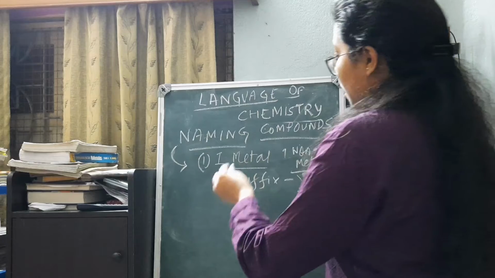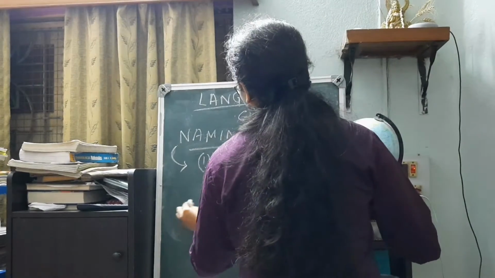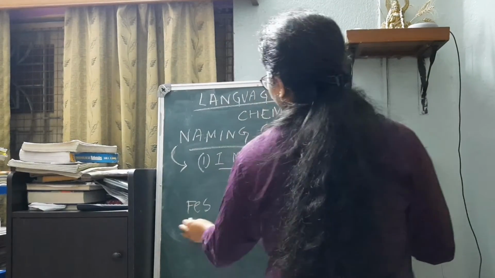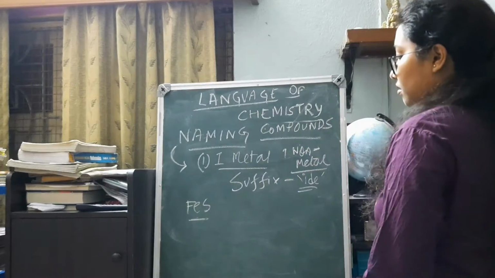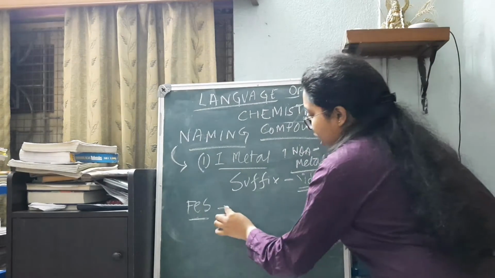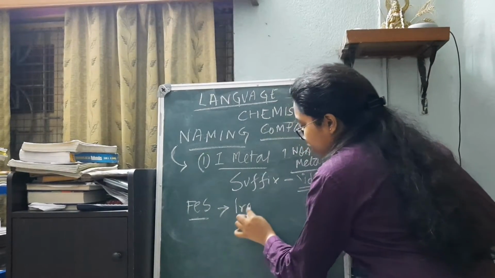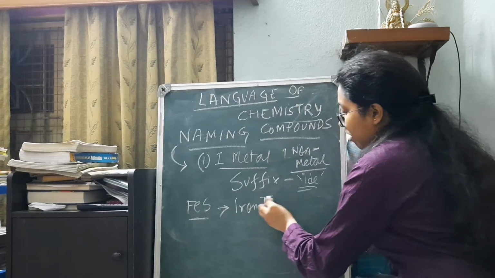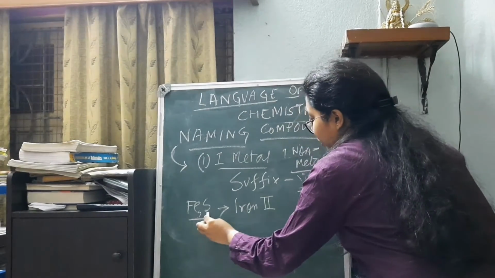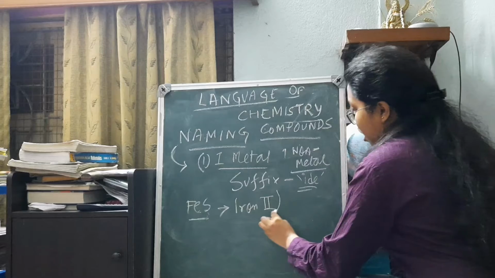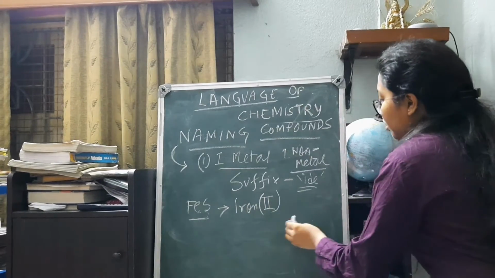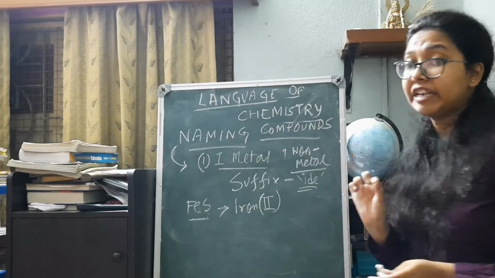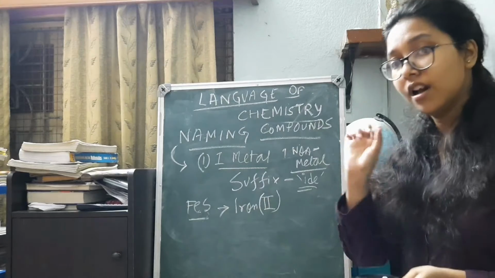Example: write the name of the compound FeS. What will it be? Iron 2, because it is totally balanced. So 2 and 2 have totally cancelled each other. Iron 2 in Roman numeral, because iron shows variable valency of +2 and +3.